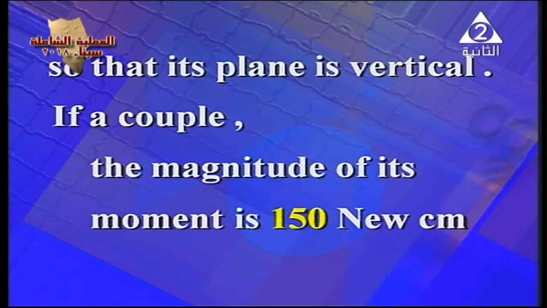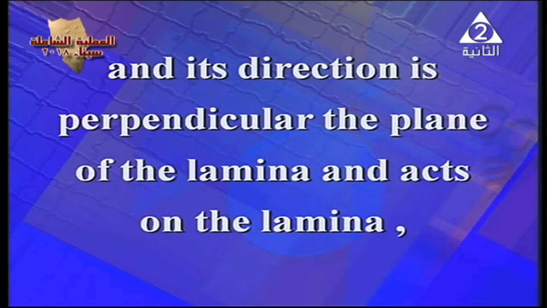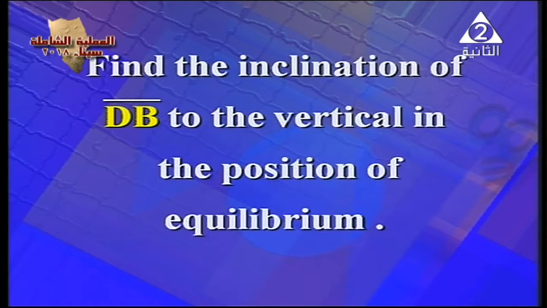A couple of moment magnitude 150 Newton centimeter acts, with its axis perpendicular to the plane of the lamina. Find the inclination of DB to the vertical in the position of equilibrium.